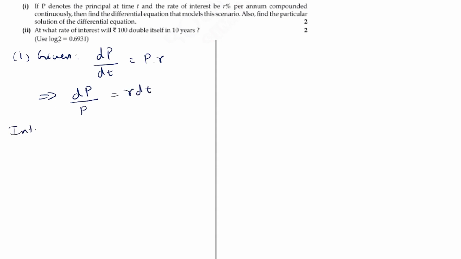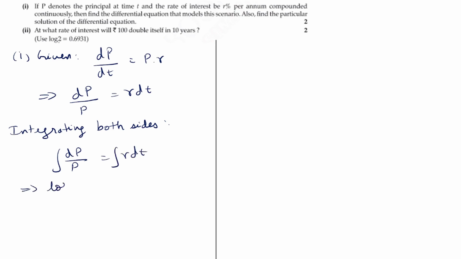So first subdivision, given dP by dt is equal to P into r. So from this we get dP by P is equal to r into dt. Integrating both sides, we get integral dP by P equal to integral r dt.